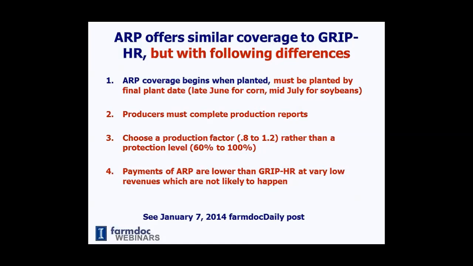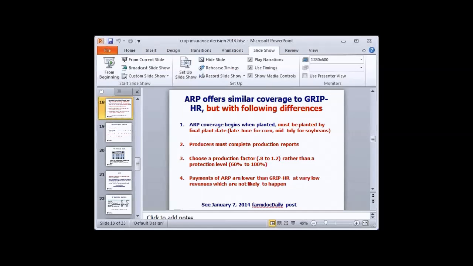Where do we download the crop insurance tool? Let me see if I can show you this. You do this at the crop insurance website at farmdoc, and I'm going to try and show you where that is right now, if I can do this.